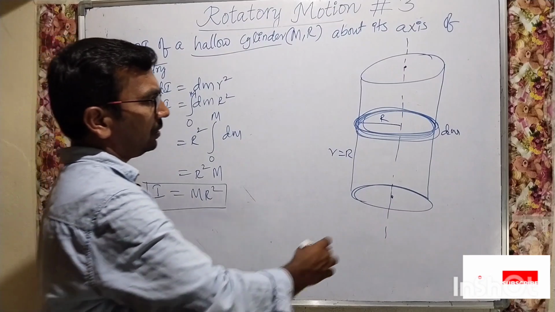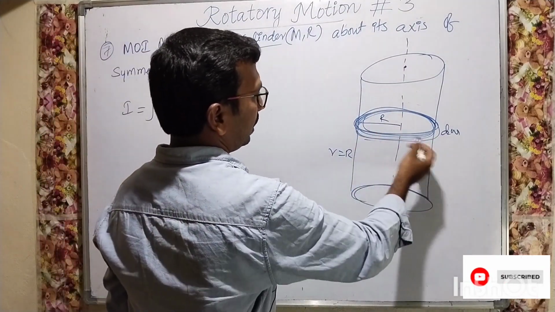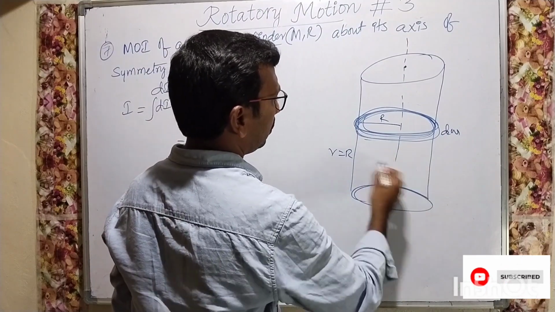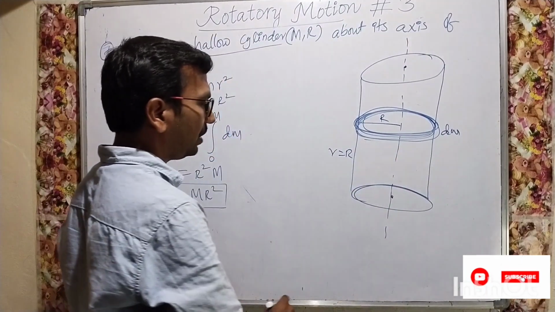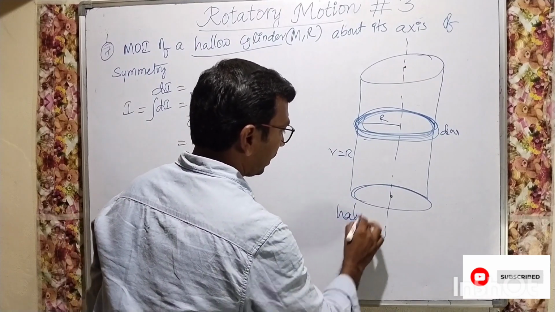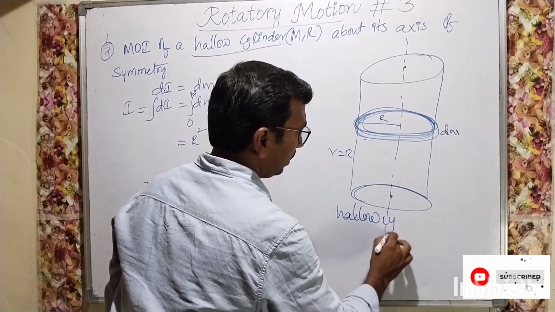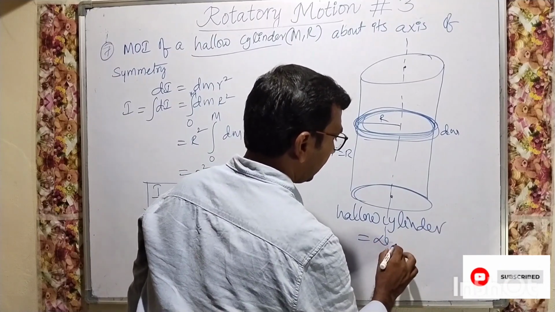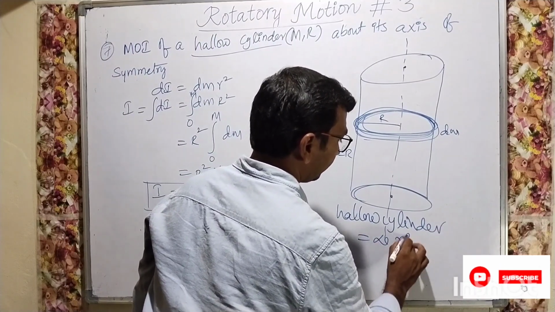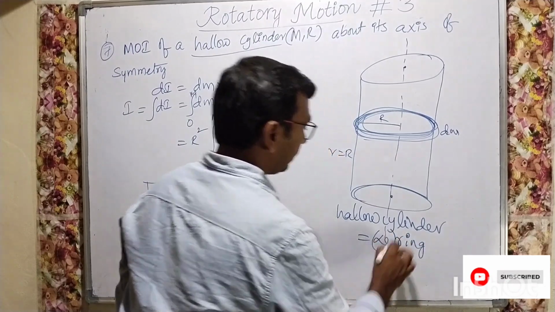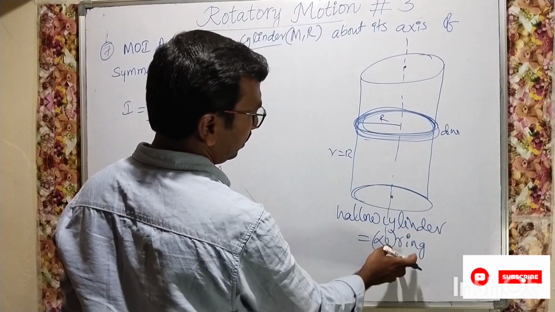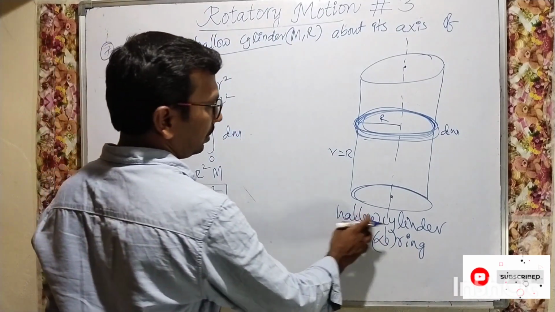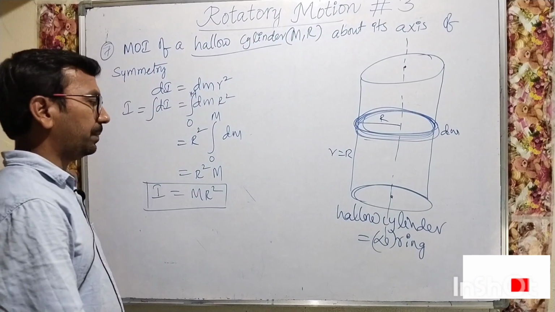A hollow cylinder can be considered as an infinite number of rings. The moment of inertia of a ring is MR², and the hollow cylinder's moment of inertia is also MR² only.